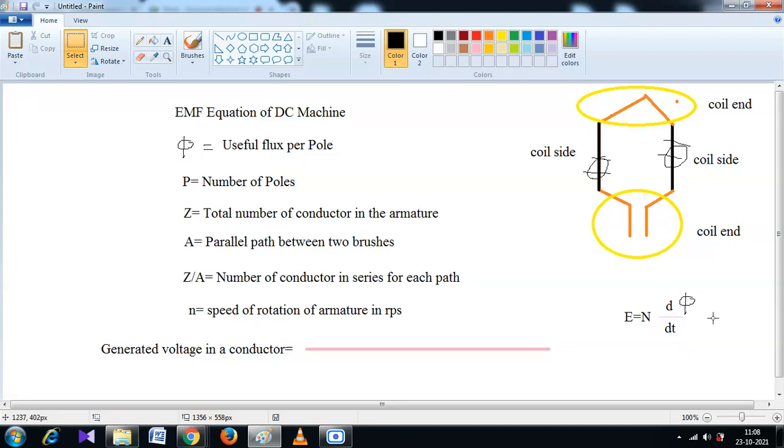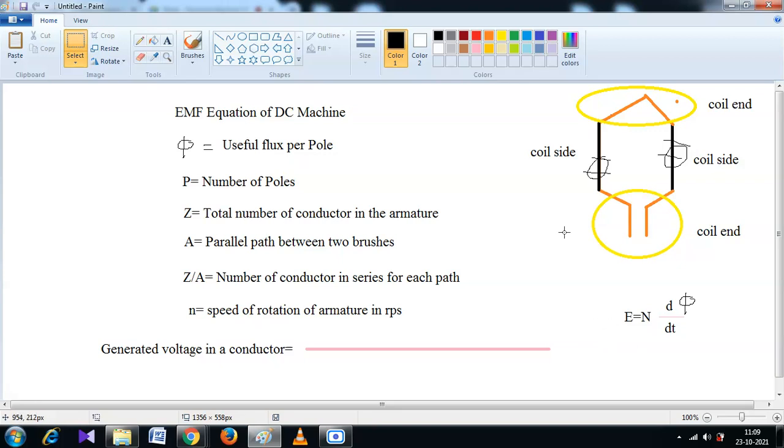This is the expression. If one conductor is considered, then what is the value of n? Here we consider a conductor. Then what is the value of n? Ayush, Manish, so 1.